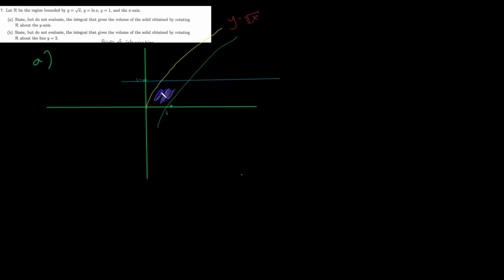This region here is what we rotate about the y-axis. If I rotate about the y-axis, what will this solid look like? You got to picture like I'm taking this and spinning it around the y-axis.